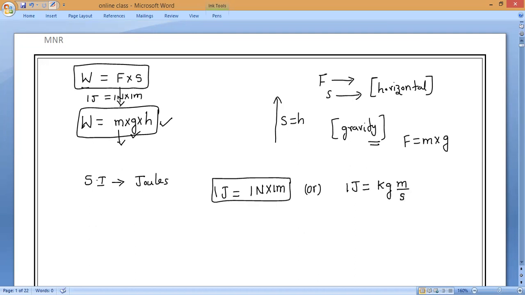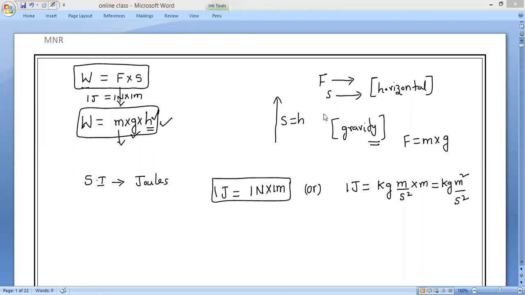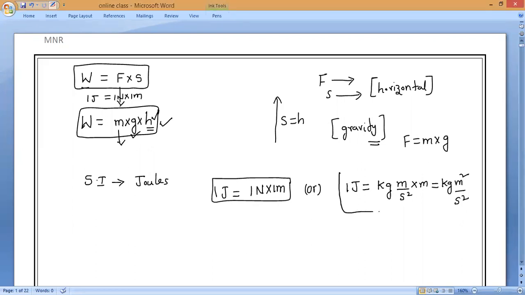Meter per second square. And what is the unit of height? Meter. So I will write this one as kilogram meter square per second square. Yes or no? That is what you have to remember along.